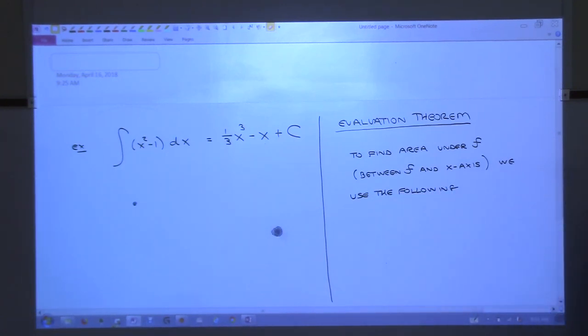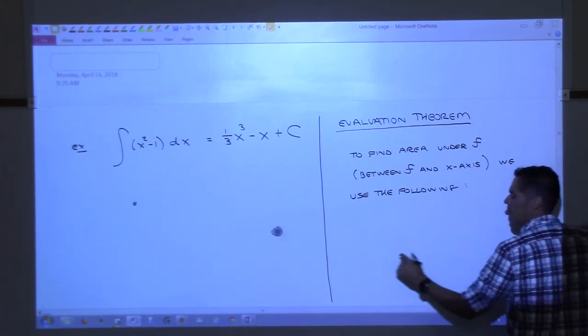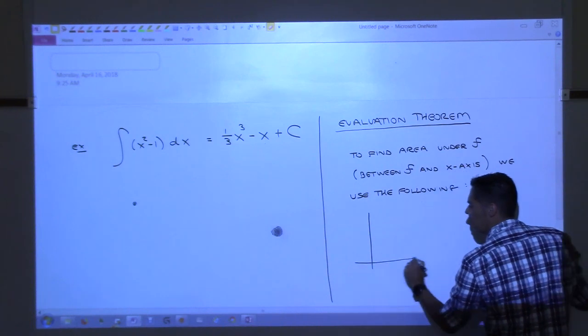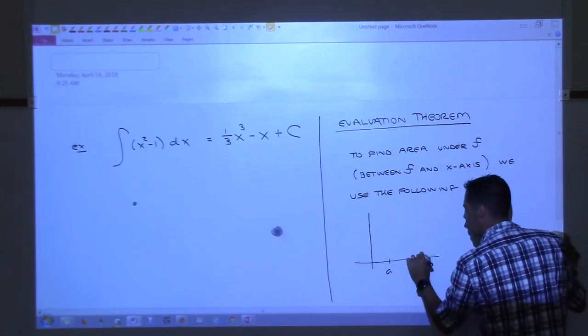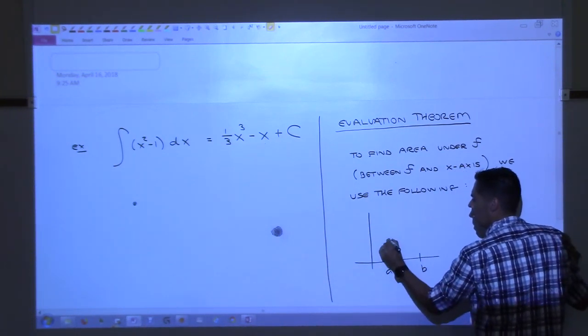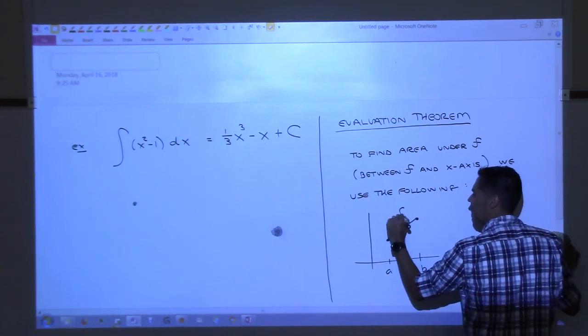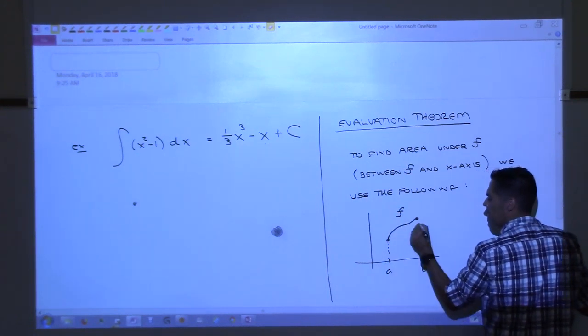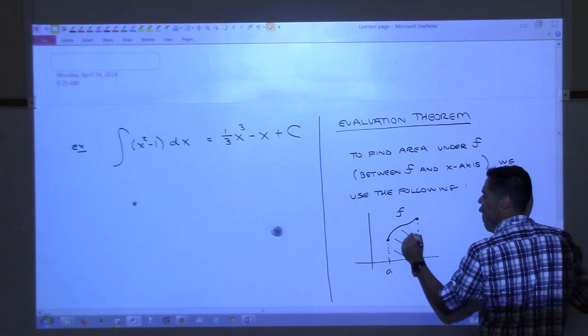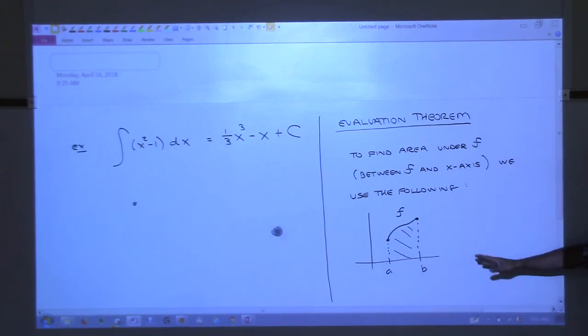I forgot to tell you where we are. Oops. Okay, well, it's all right. I'll draw it with the picture. So we have a function between a and b. Here's our function f, and we're trying to find this area in here. Okay, so in my picture, I've put a to b, all right?